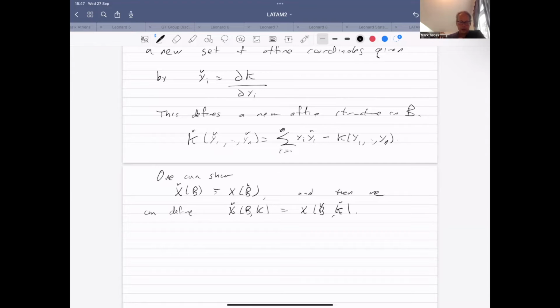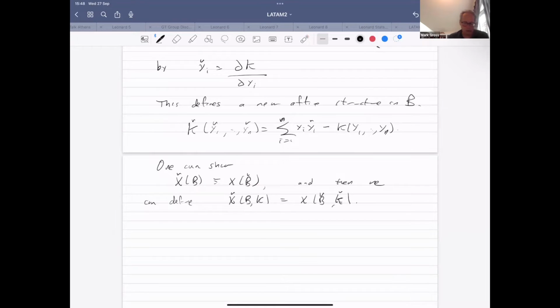Okay, so what that gains for us: remember X check of B was just Lagrangian, so it was symplectic. This is complex. Using this isomorphism, it allows you to transport the complex structure here to a Kähler structure. So now you have a Kähler structure, both the symplectic form and the complex structure.